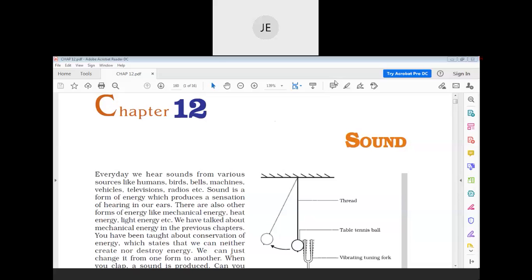We will cover sound properties, the speed of sound, echo, and a concept called sonar, and the different types of sounds.